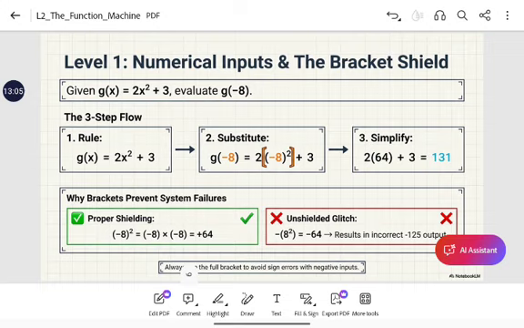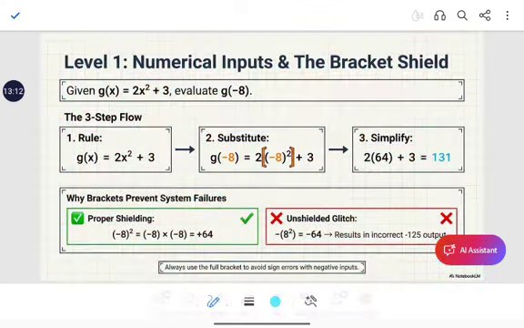Let's try with this. Now, given that g of x equals 2 times x squared plus 3, evaluate g of negative 8. What is the first step? Identify the rule. And what is the rule?